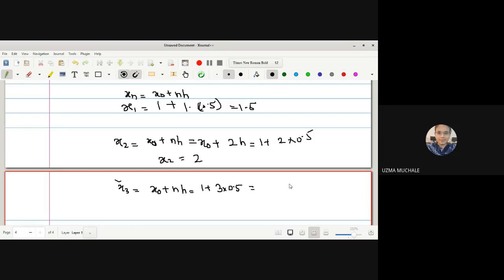What is x3? 2.5. What is x4 then? 3. So for x4 equal to 3, we have to find out the value of y.